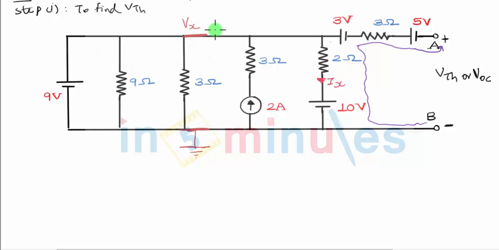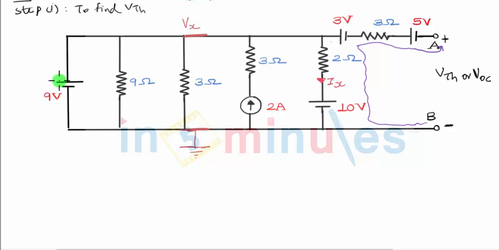But the moment you start doing that, you will run into a problem, which is that you can't define current in this particular branch because there is no resistance available in this branch. Hence, even before you plan to apply KCL in nodal analysis, you should quickly recall one important point we had discussed in one of the problems in nodal analysis, that whenever there's a voltage source between a node and the ground node, in that case, you cannot write KCL, you get the value of the node voltage directly.